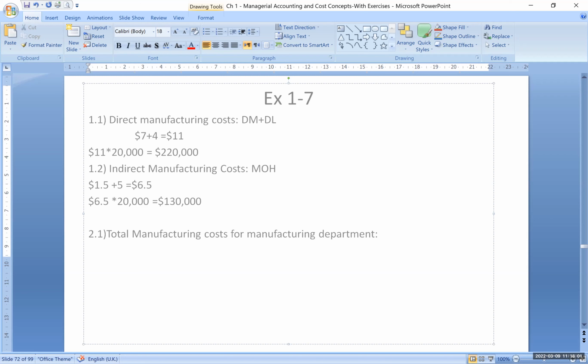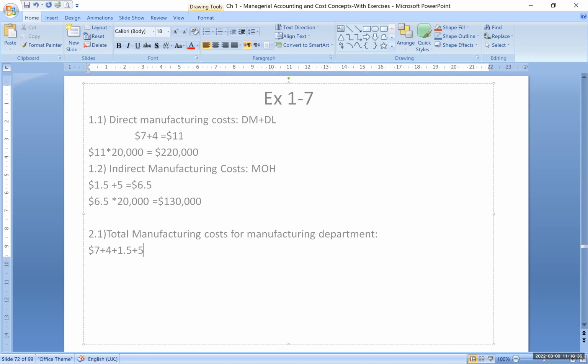So all manufacturing expenses should be allocated here. Direct material, which is $7, plus the $4 direct labor, plus the variable manufacturing overhead, which is 1.5, plus the 5, which is the fixed manufacturing overhead. The key here is that all of these expenses are considered manufacturing expenses, and they are allocated easily to the department, and that's why we include all of these.